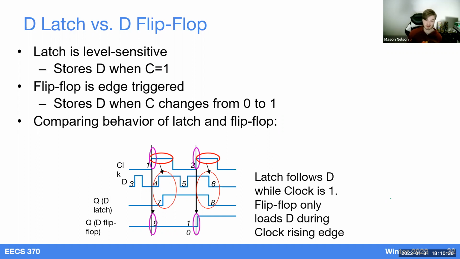And here our enable bit is going to be our clock. And so you can see the timing diagram here. So here's an example where the latch would change state before the flip-flop does. But at this point on the rising edge, they're going to have the same behavior.